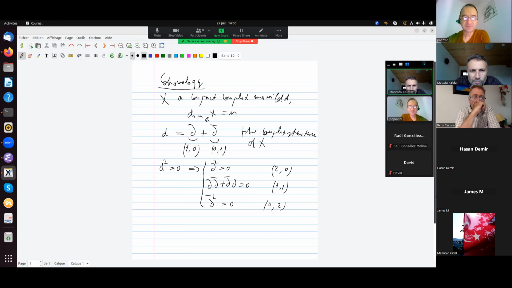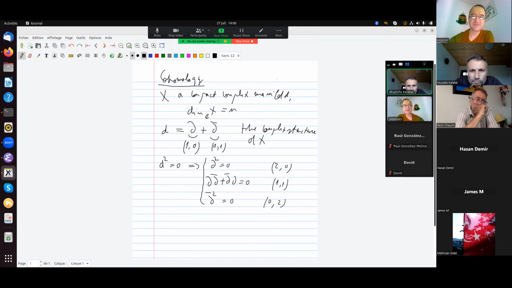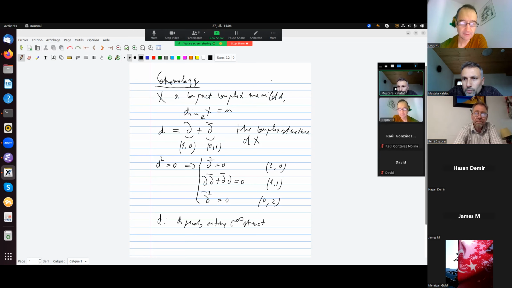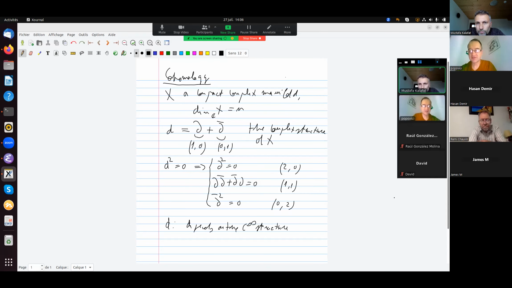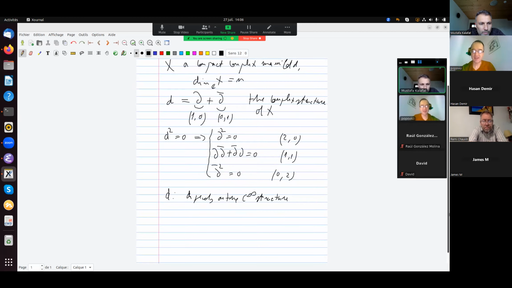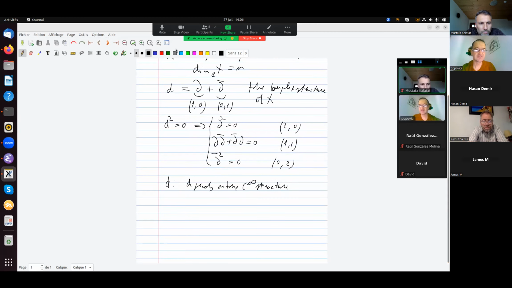Now, d depends only on the differentiable structure. d depends on the smooth structure, on the C infinity structure of the manifold. And because d squared equals 0, it induces a cohomology that is called the de Rham cohomology. So this is the first cohomology that we're going to see today.